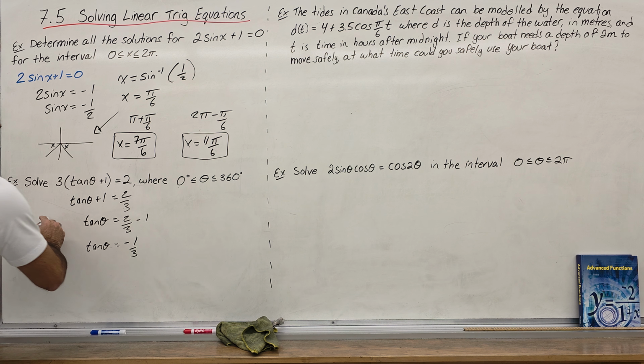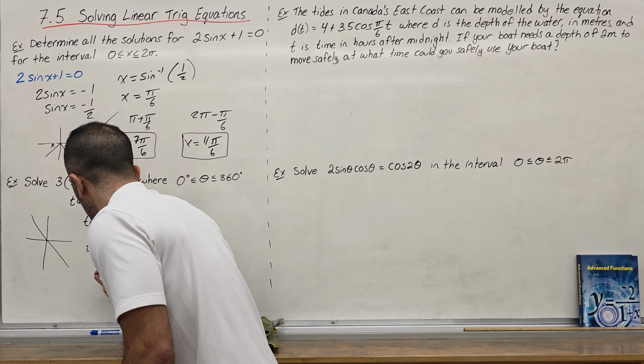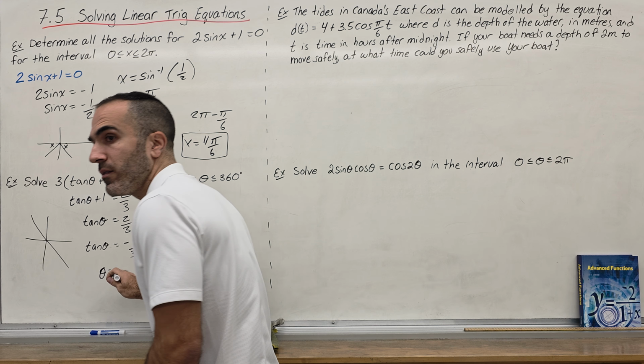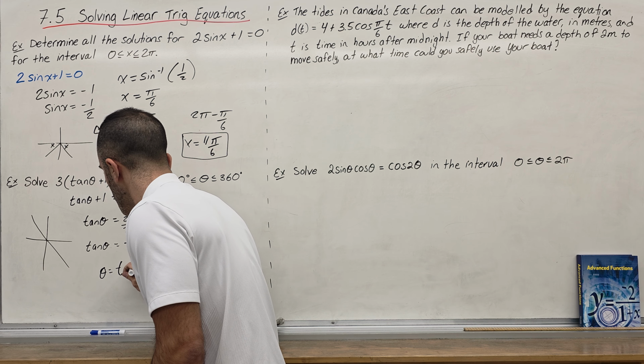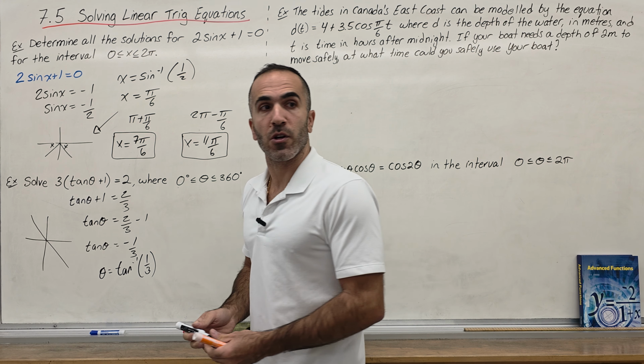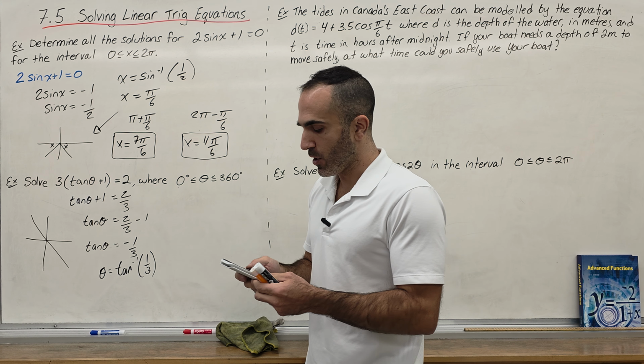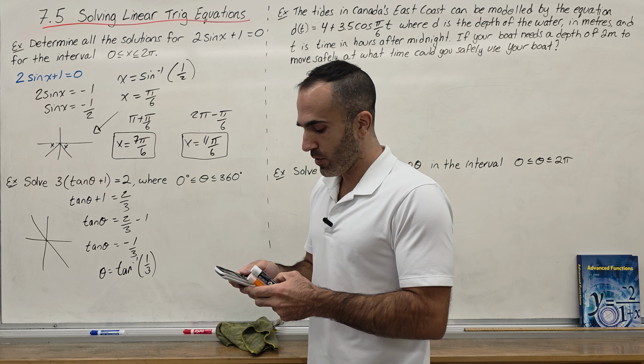I make a little chart. Where is tan negative? Well, it's negative slope, so in those 2 quadrants. I need to know when tan is 1 over 3. So I'm going to say theta is inverse tan of 1 over 3. That is not a special triangle, so I can't memorize that one. So I'm going to get my calculator. I'm going to make sure it's in degree mode.